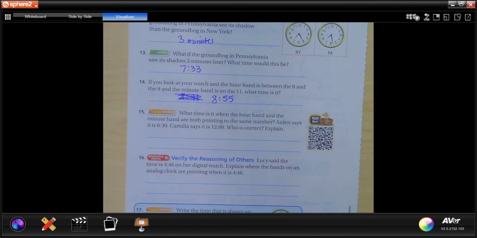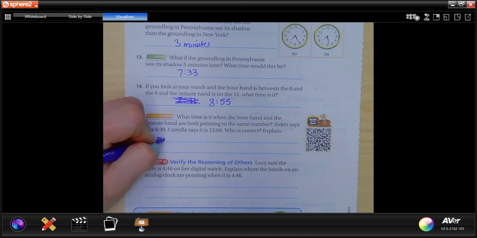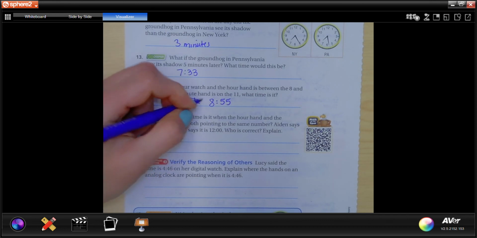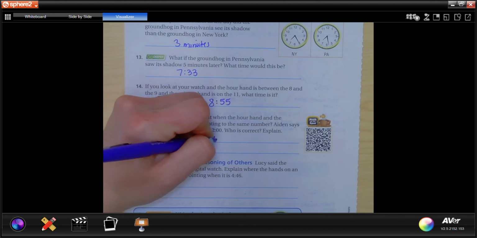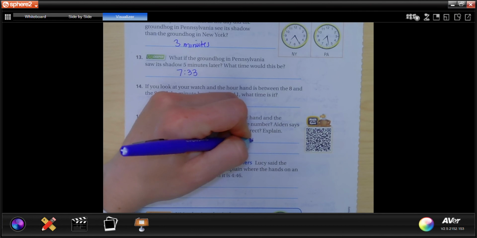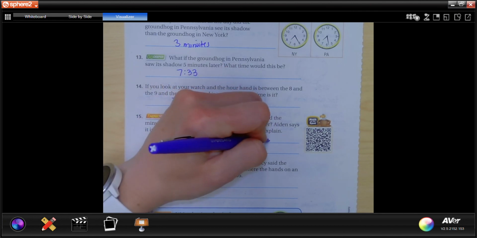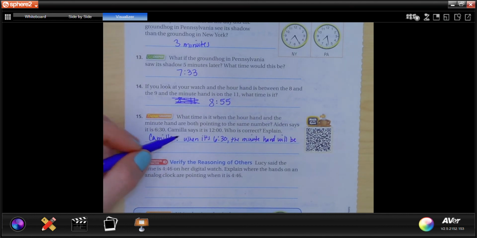So, who is correct? Camilla is correct. So when it is 6:30, the minute hand will be between 6 and 7.